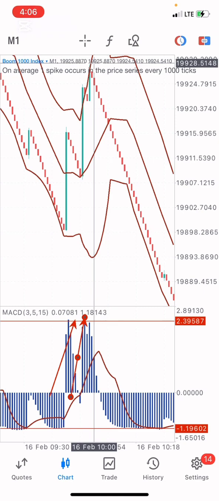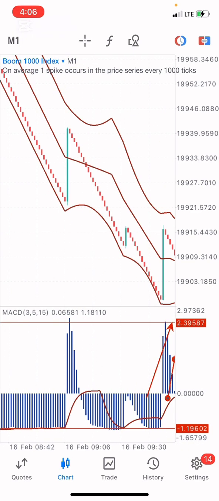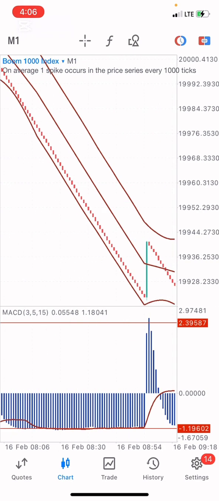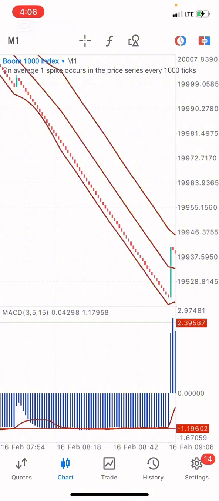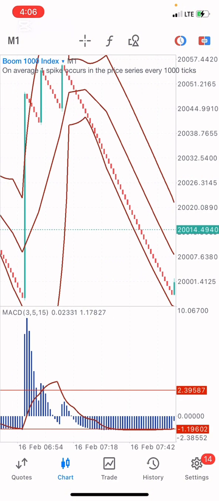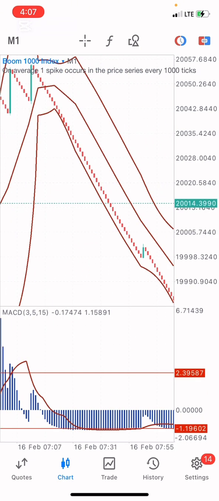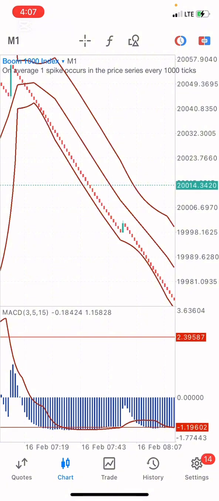Now also pay attention to the Bollinger Bands. Make sure that you can see clearly the Bollinger Bands, the upper and the middle one, are above price, right? Price is beneath the upper and the middle Bollinger Bands. That means the market is trending downwards, right?